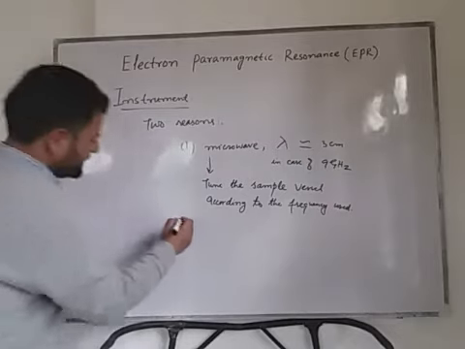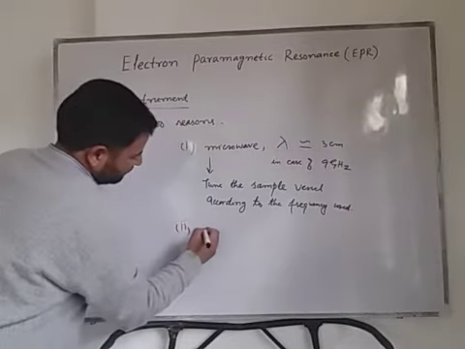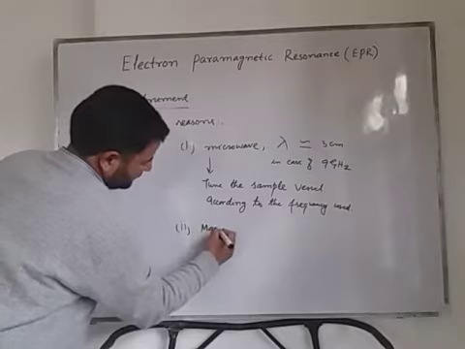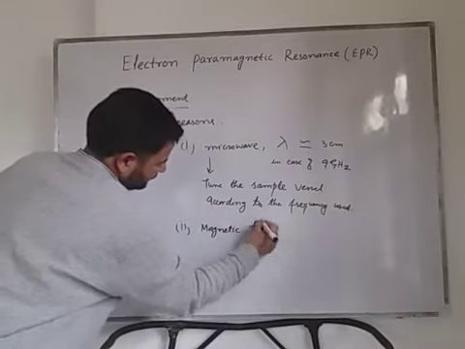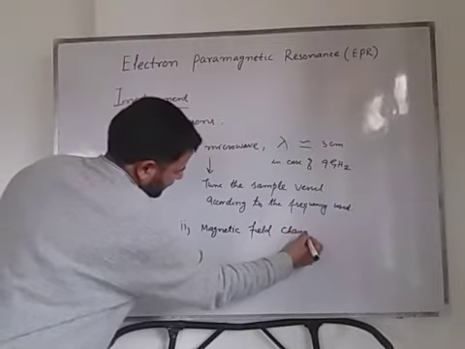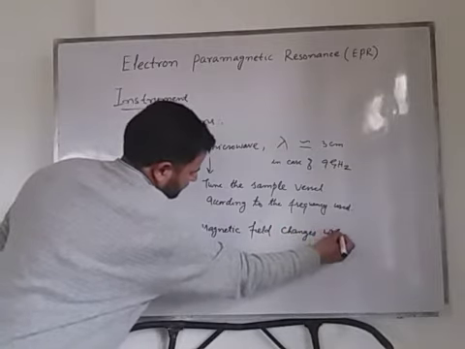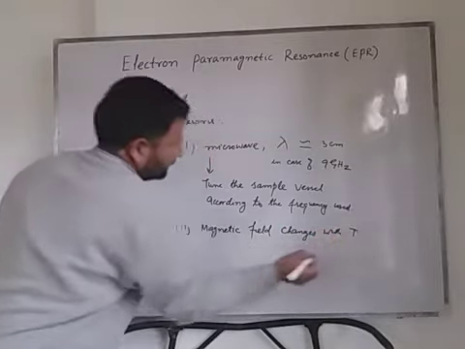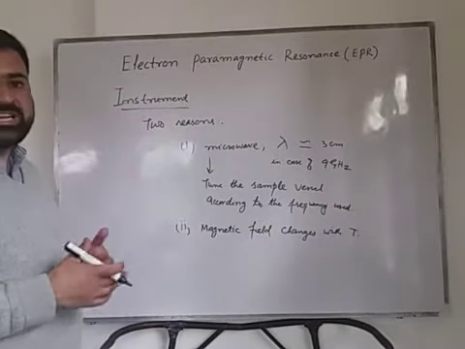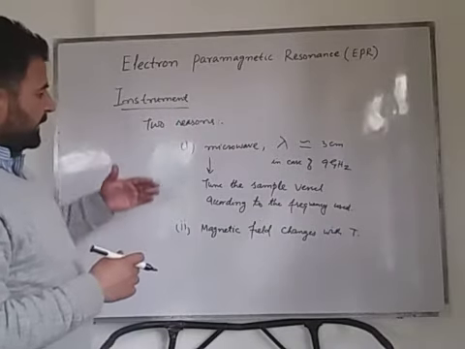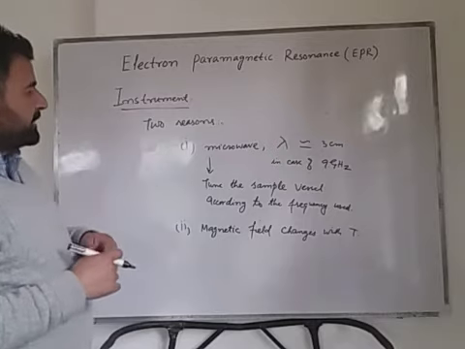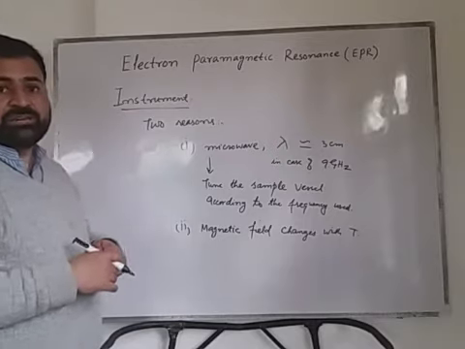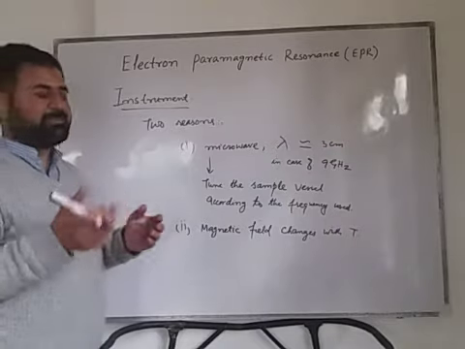And another reason is that magnetic field changes with temperature. While doing these experiments in the instrument, there can be dissipation of heat, so there will be fluctuations in the temperature.